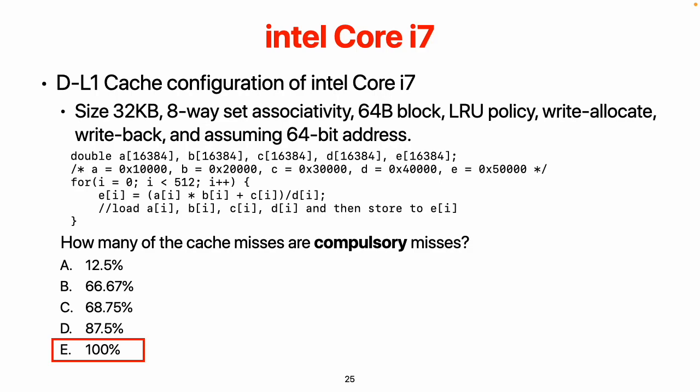Part of the reason is that you don't trust yourself, you trust others. But sometimes the majority is not going to be right. You need to use your own judgment. So for this question, if you read the sentences carefully, 100% of them are compulsory misses.